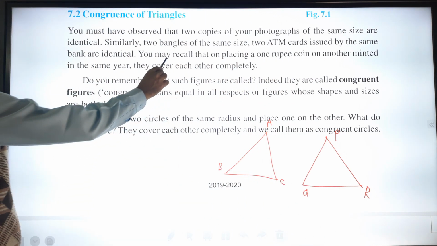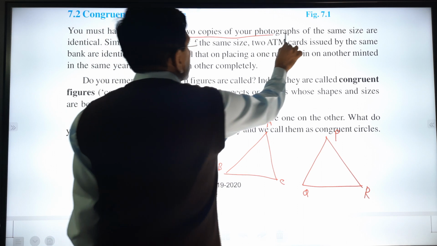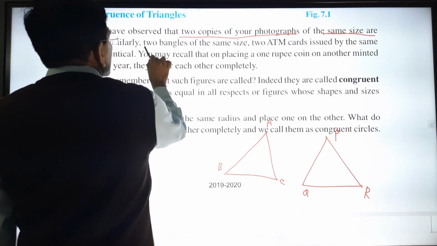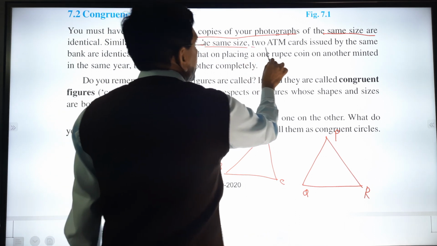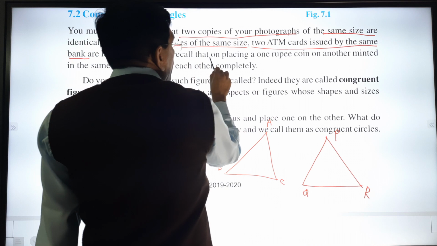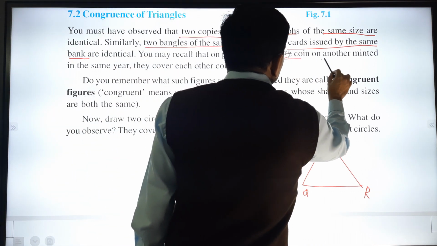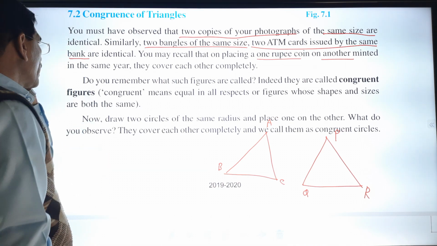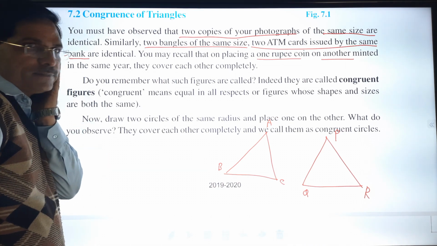You must have observed that two copies of a photograph are the same size. Two bangles of the same size, two ATM cards of the same size. One rupee coin on another, you will say the same size. So what can we say about congruence?